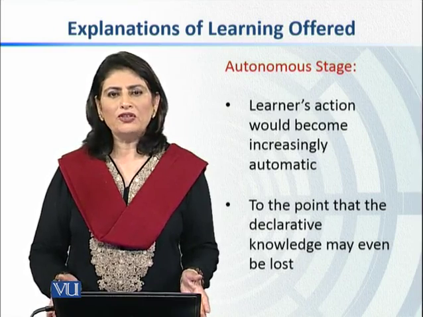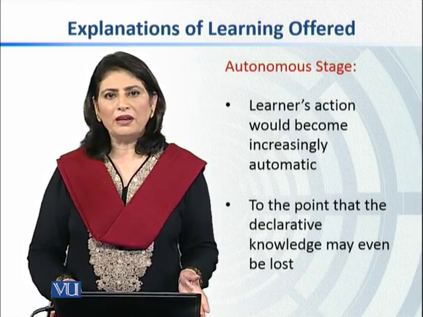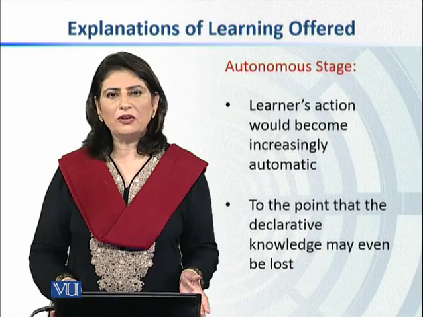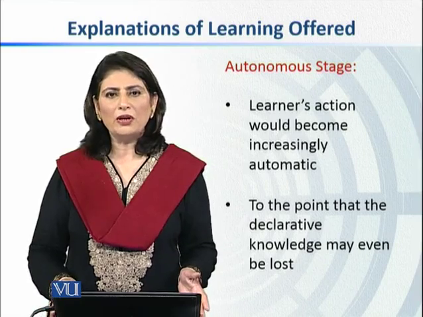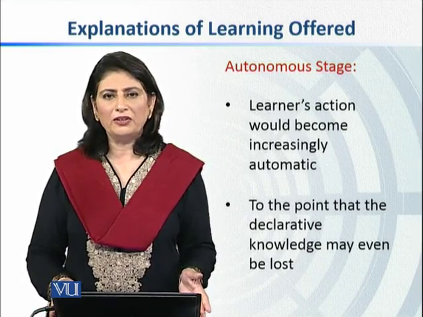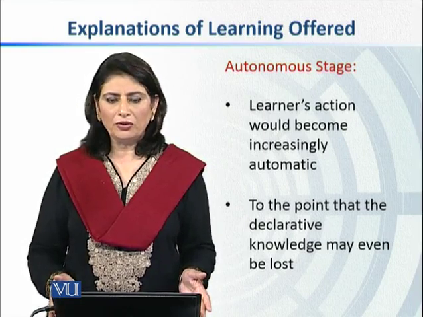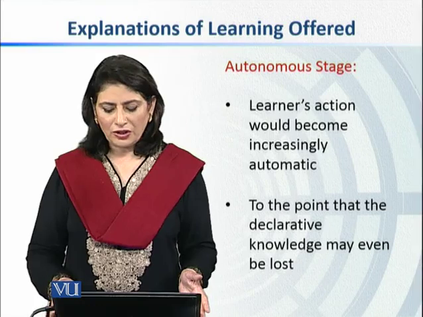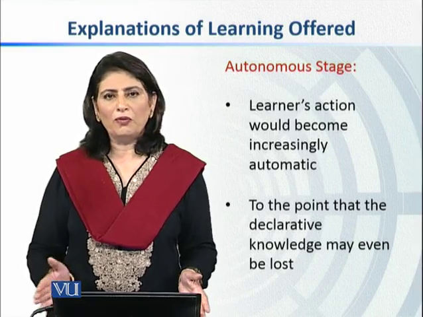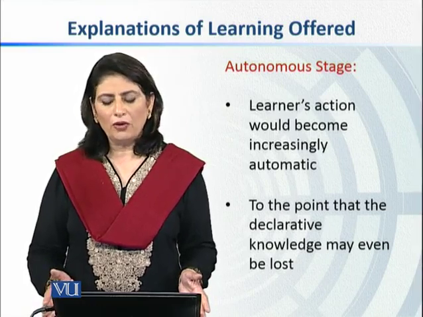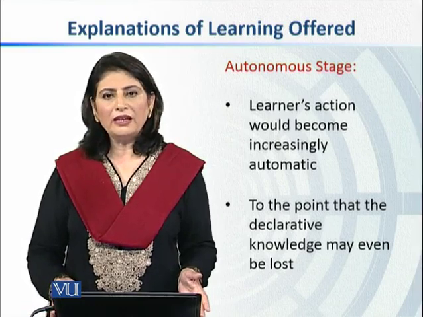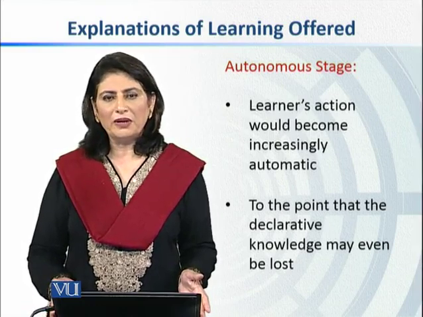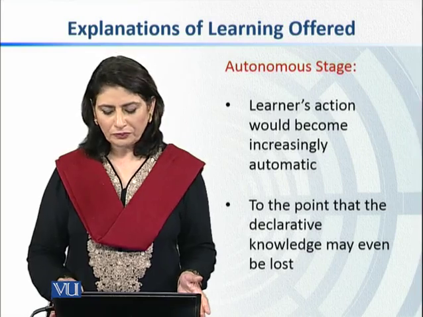So now when the child uses second language or that aspect of second language, they do not think that they are applying the rule, but they apply the rule successfully. So this learner's action would become what we say increasingly automatic. This again does not happen at once, but happens in a flow.